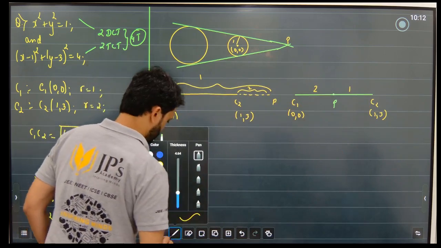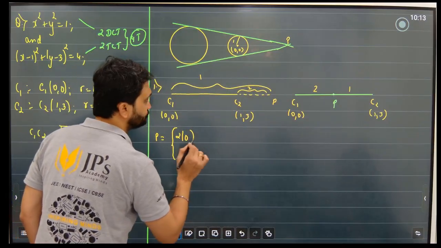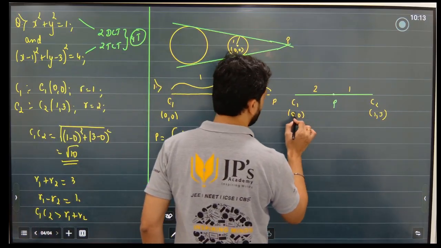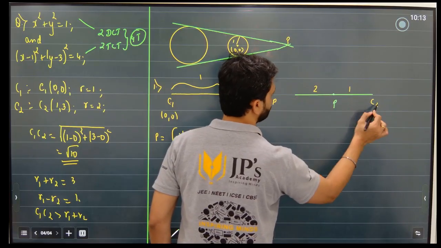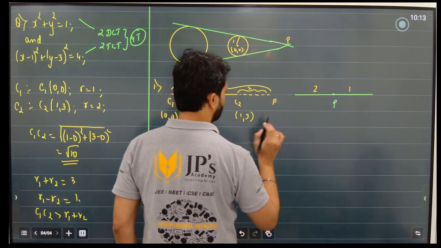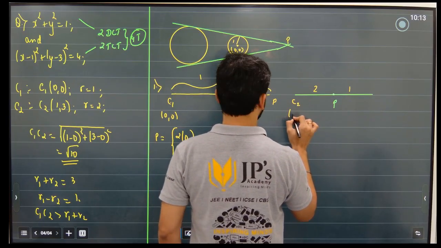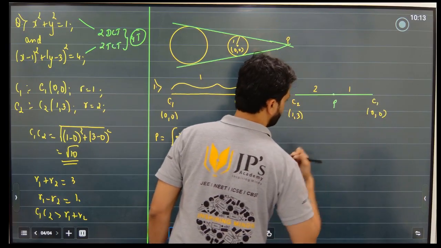Now see this entire thing I've just made it ulta. P is outside ना, इसको एक काम करो ऐसा लिखो. C2 is 1 comma 3, C1 is 0,0.